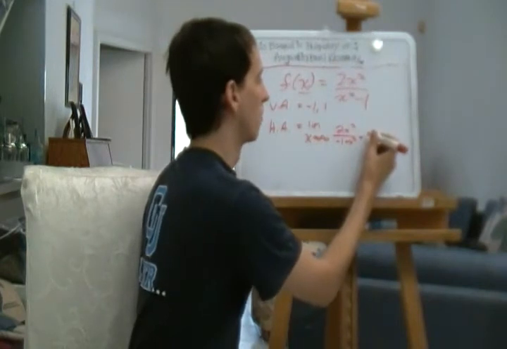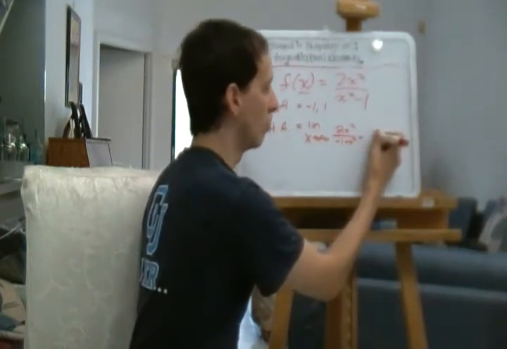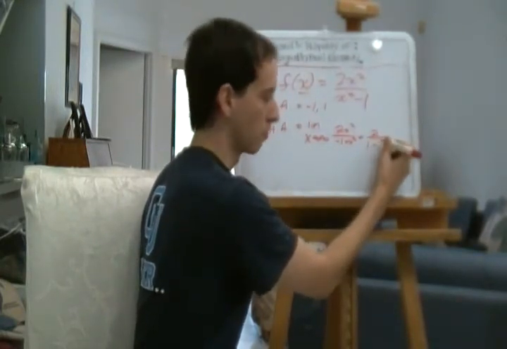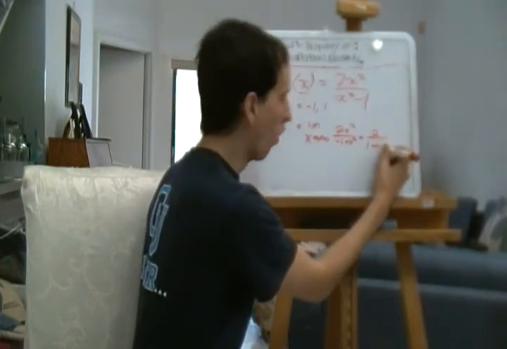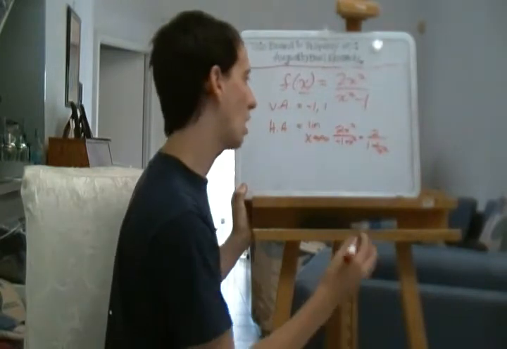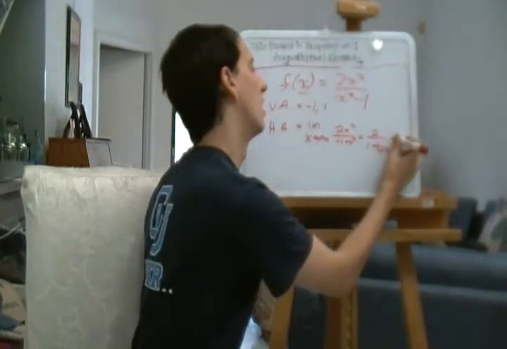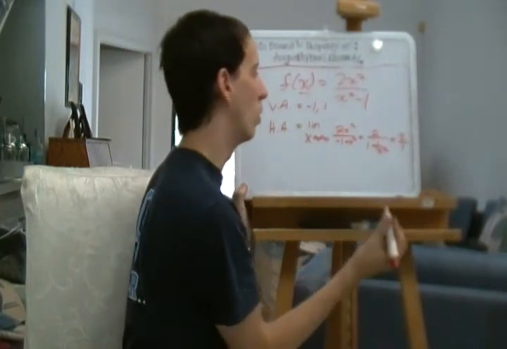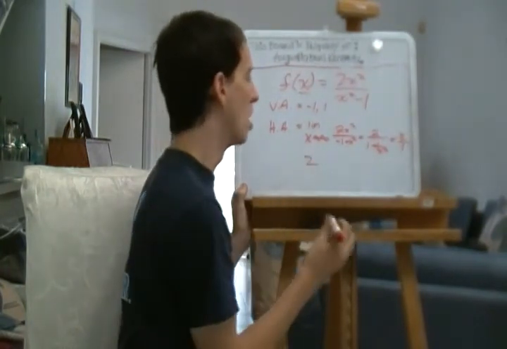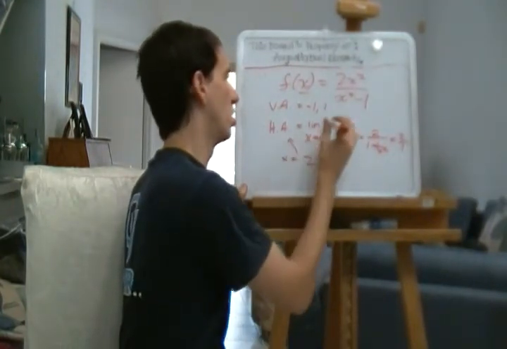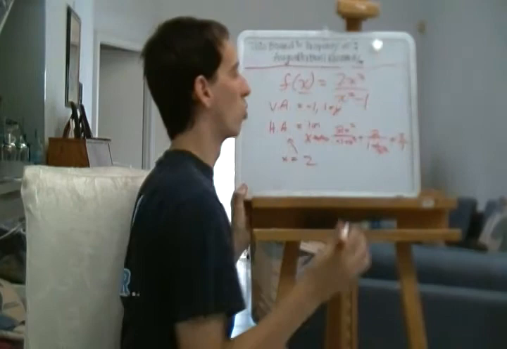We've got 2 over 1 minus 1 over x squared. And that limit at infinity is just 2 over 1, which is 2. So we have a horizontal asymptote at y equals 2.